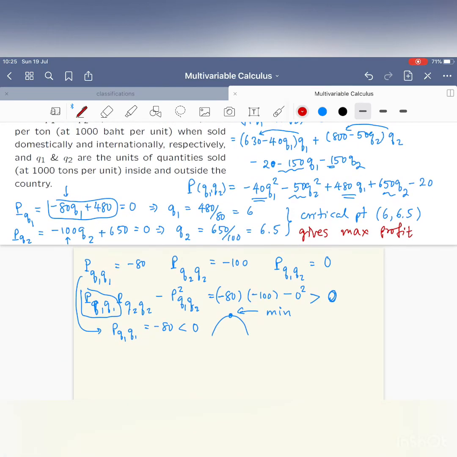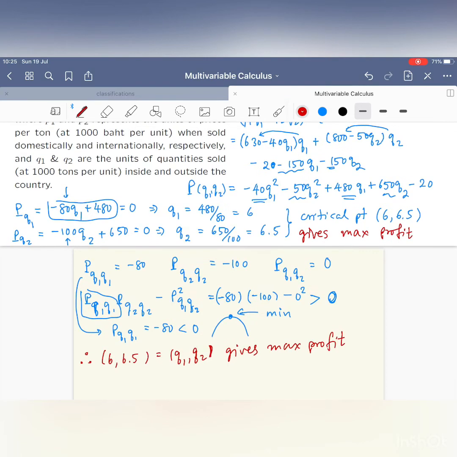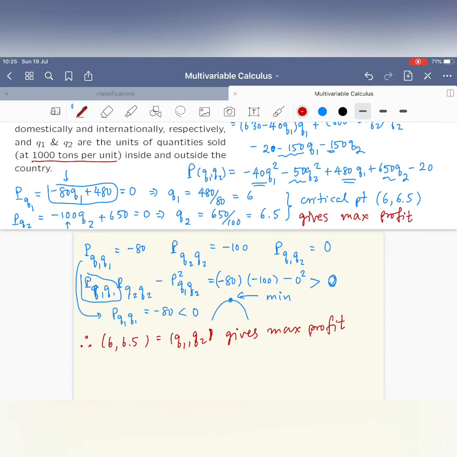Let us interpret first. This 6 and 6.5, which are your Q1 and Q2, will give a maximum profit. What was the unit of Q? The Q is 1,000 tons per unit, right?